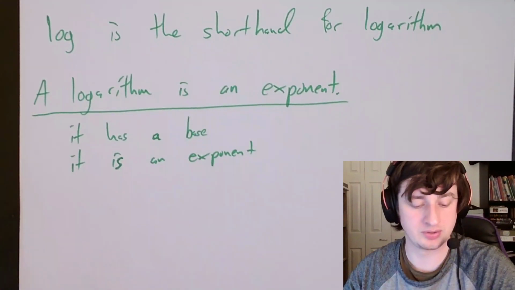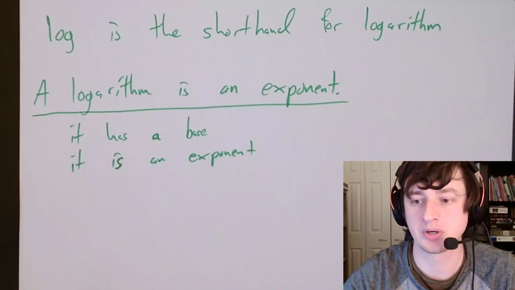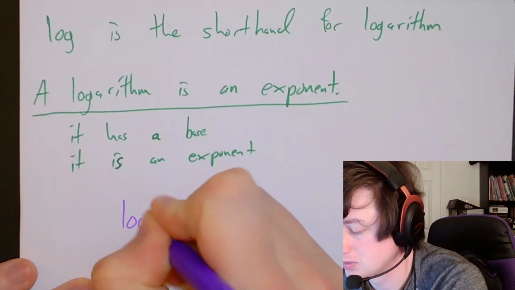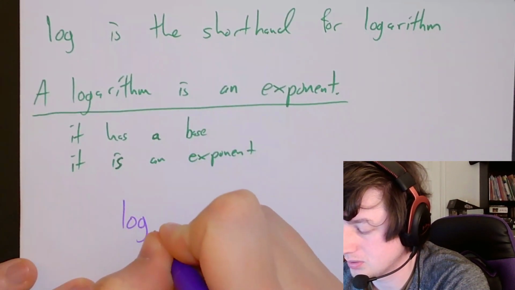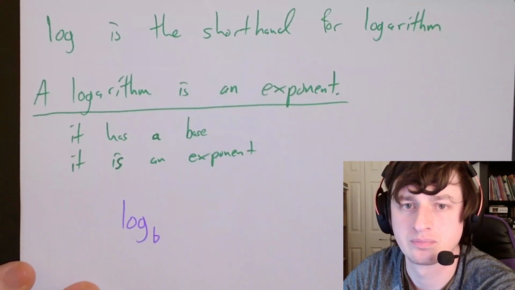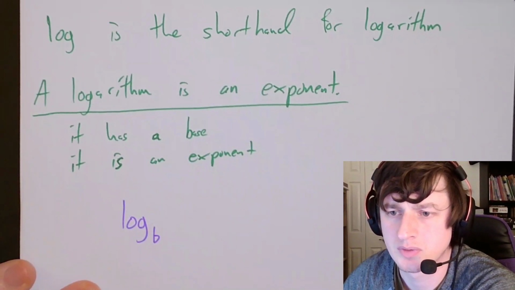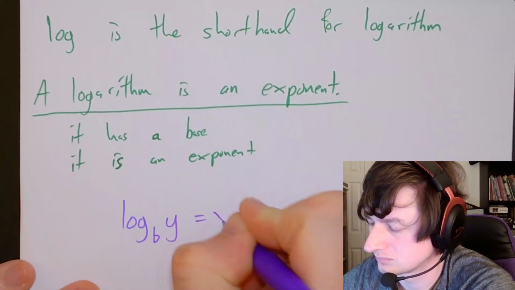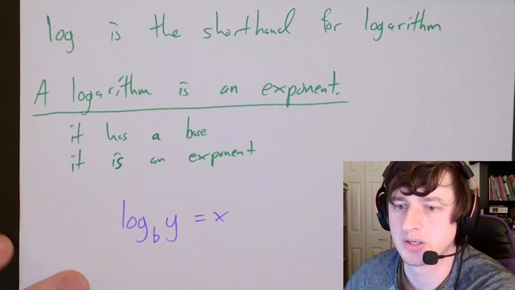So how do we write these? What are they going to look like on our paper and our calculator? Log with a base b, y and an x.